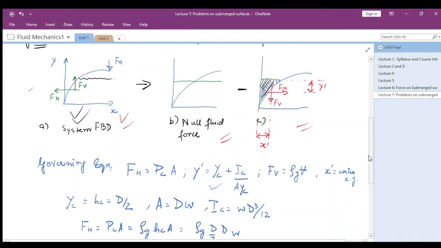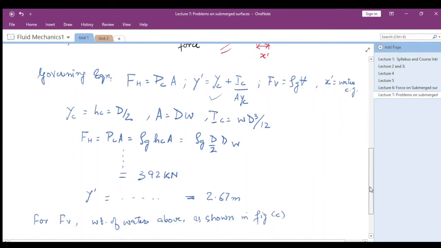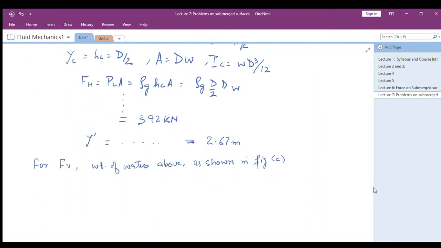Now this weight would be equal to rho g times volume. We need to find the volume. To find that, first of all, we would find a differential volume. So we would take a strip and then we would integrate it over the whole surface. That's what we are going to use.